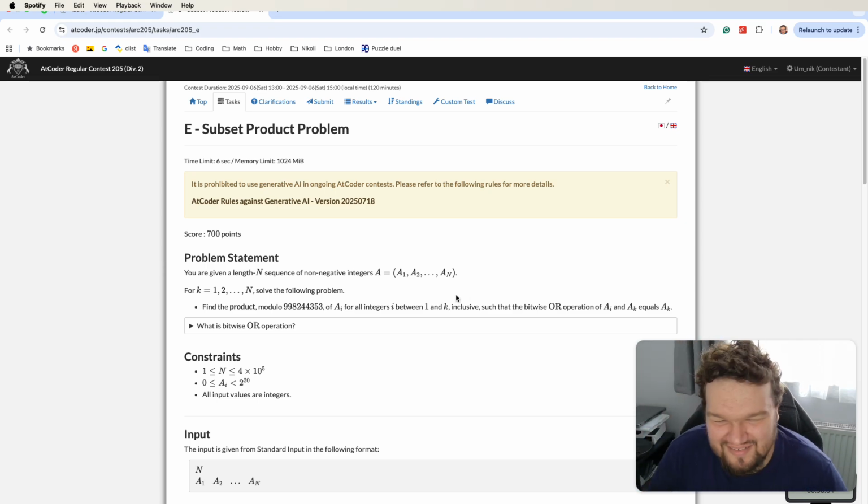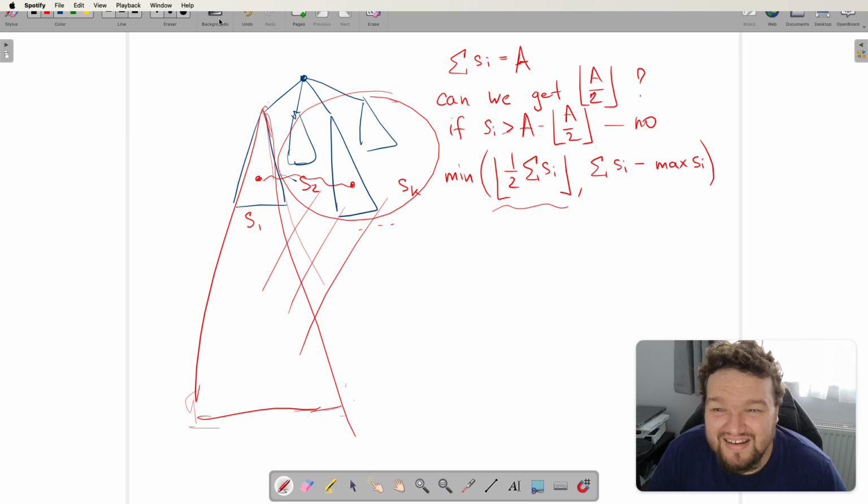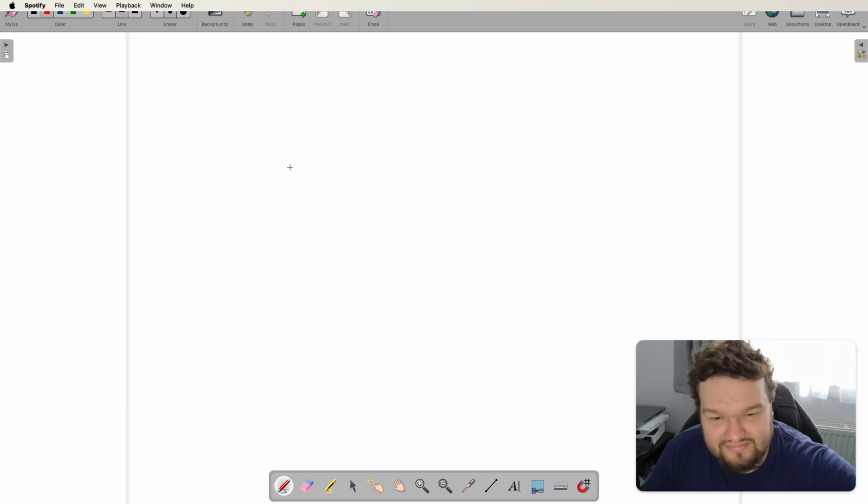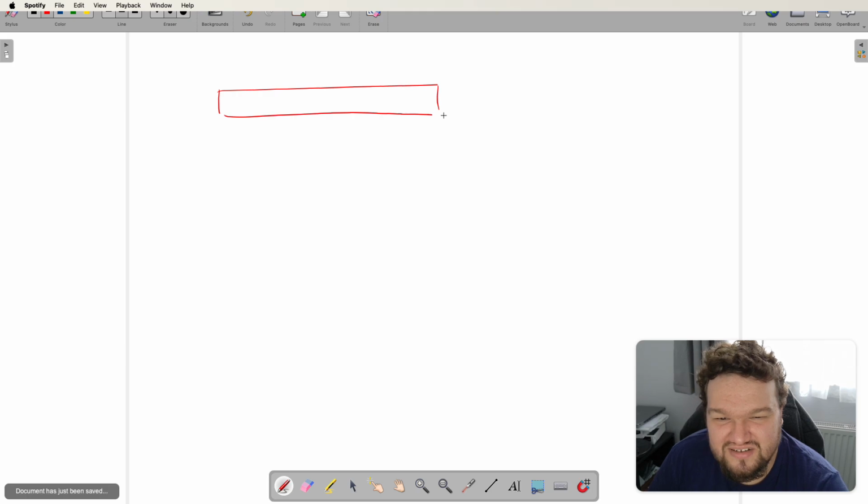Okay, so we have those masks of length 20. We can split them into halves, size 10 and 10.